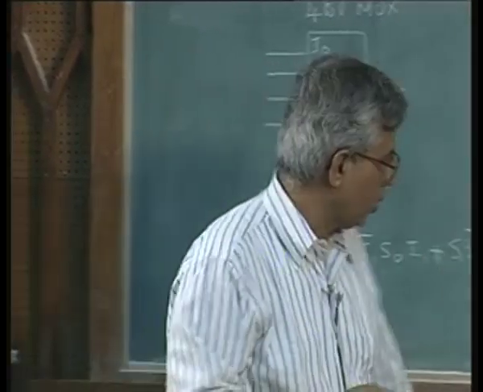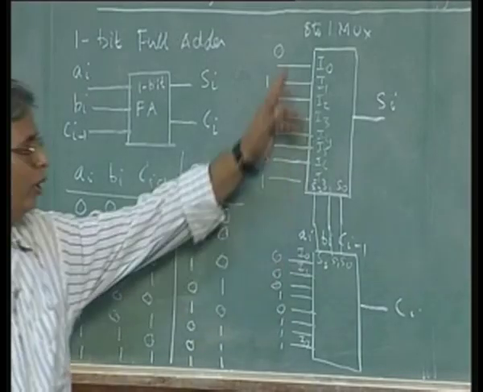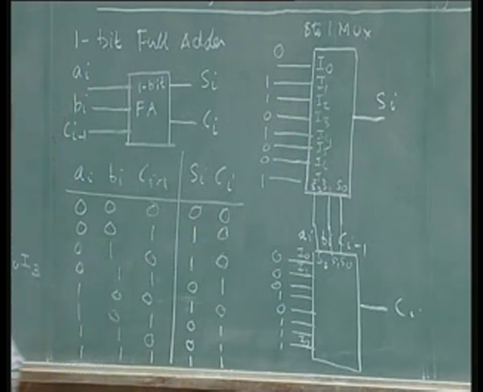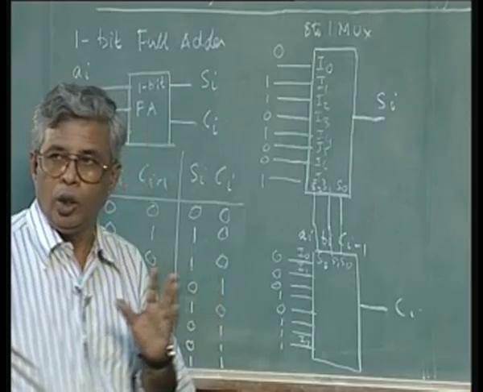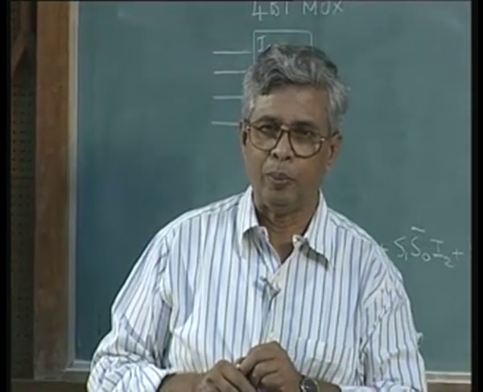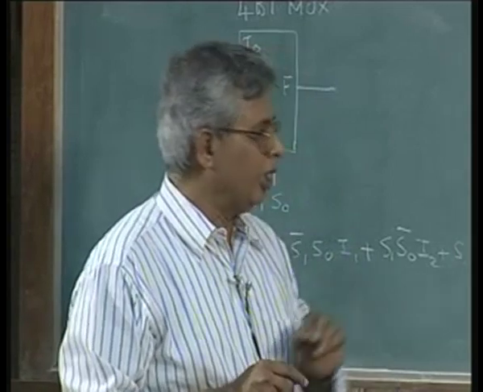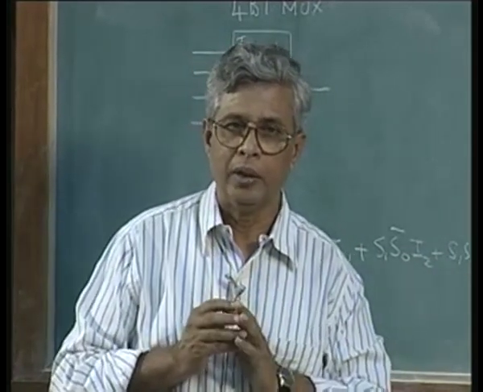Let us see. Now, instead of having 3 variables as selectors and 8 inputs, if I now have only 4 inputs and 2 selectors, suppose I put an extra restriction, by the specifier of the problem. The person who specified the problem says use multiplexers, but do not use an 8-input multiplexer, use only a 4-input multiplexer.